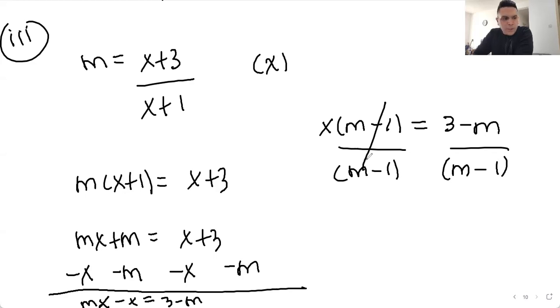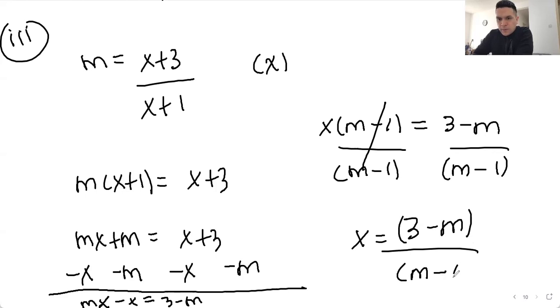And then these will cancel, become 1, and then I'll get x equals 3 minus m over m minus 1. And that's it. We changed the subject of the formula to x. This one took a few more steps, but same principle, all right?